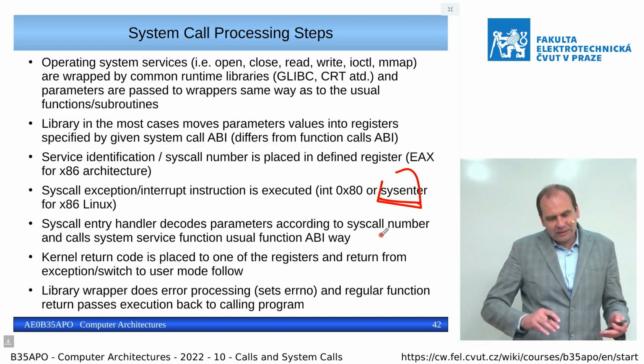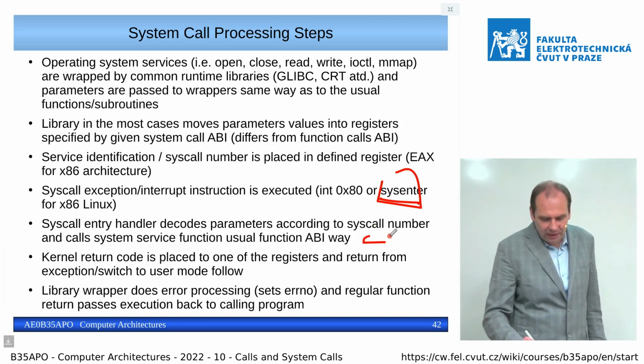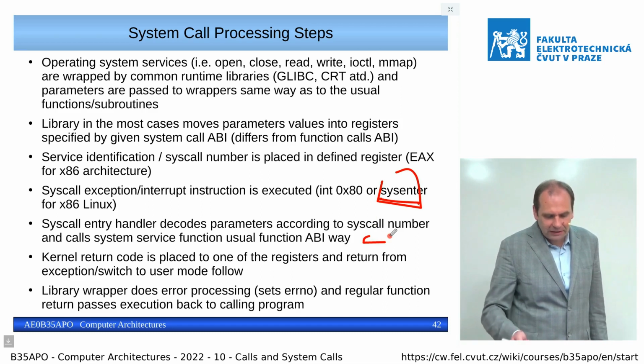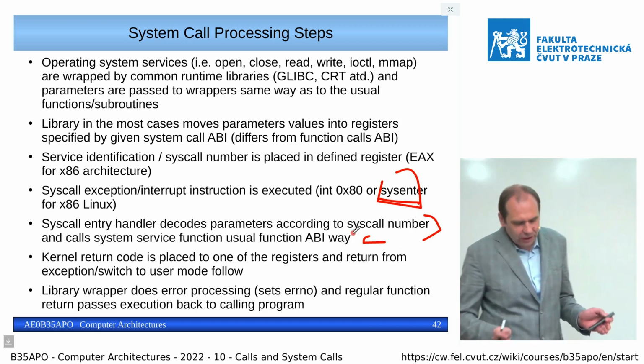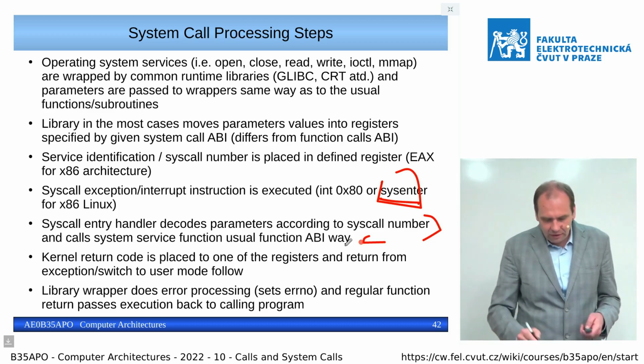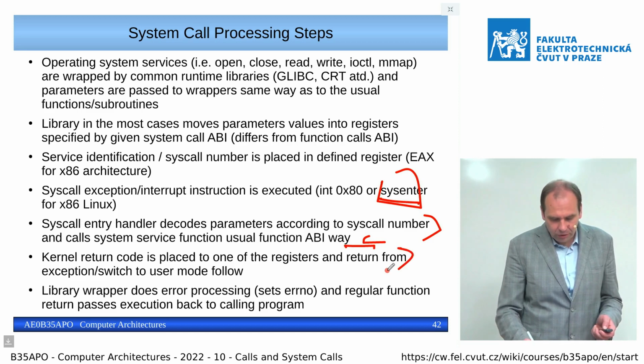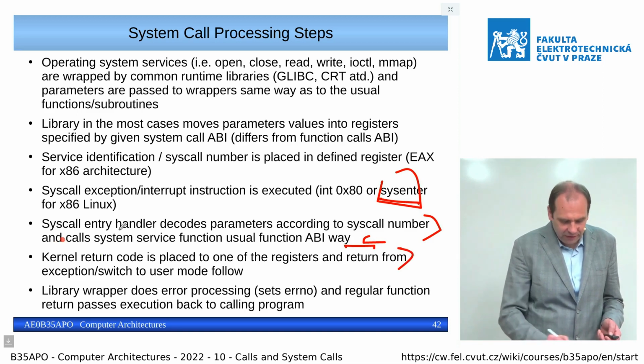And we need to prepare arguments, then somehow switch to the operating system and notify the operating system which service you want to invoke. So it is encoded in one of the registers. The operating system checks if it is a valid request and delivers the execution to the subsystem which handles the given service.